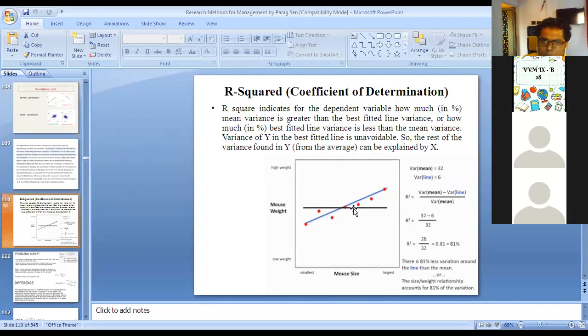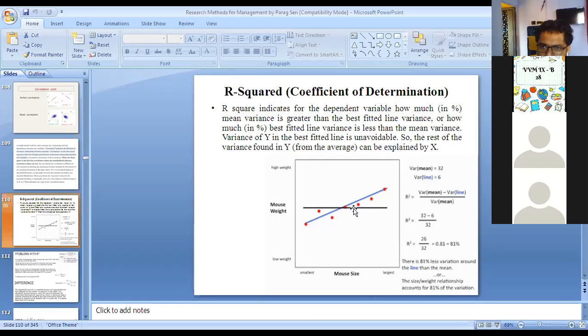So in case of R square, you are basically comparing these two variances, that is, how much less the variance of your best fitted line is than your worst fitting line, or than the mean variance.